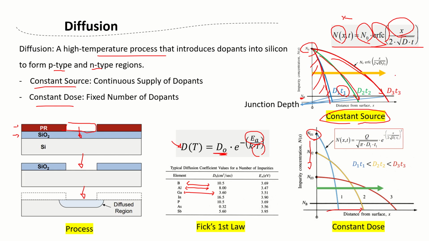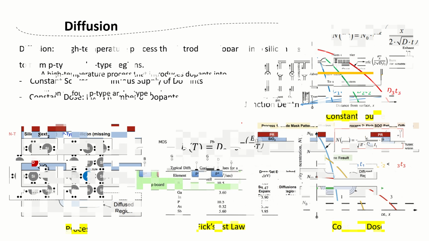But in constant dose, the total dose will stay the same, while the surface concentration and how deep the dopant goes will be affected. Yeah, so that's a brief overview of diffusion. Then we'll go into detail from now.